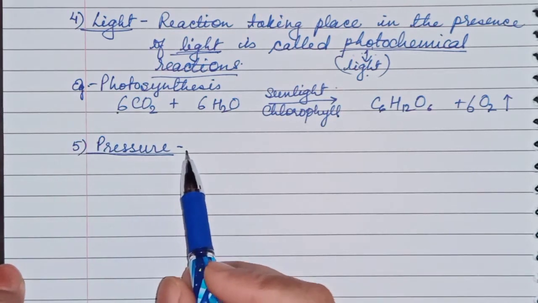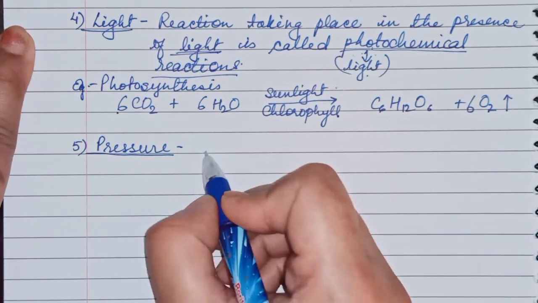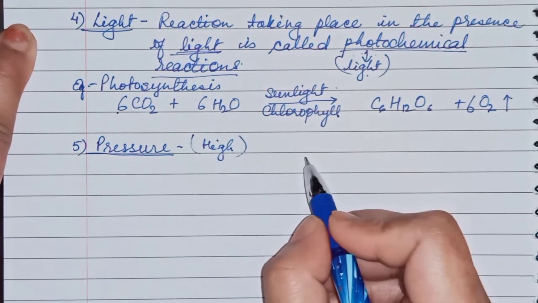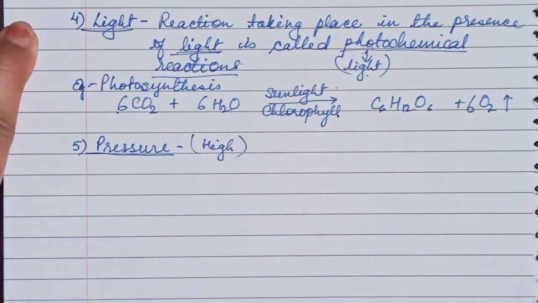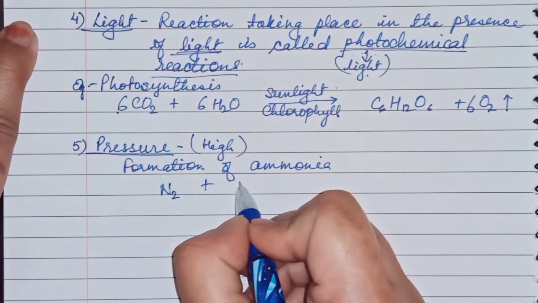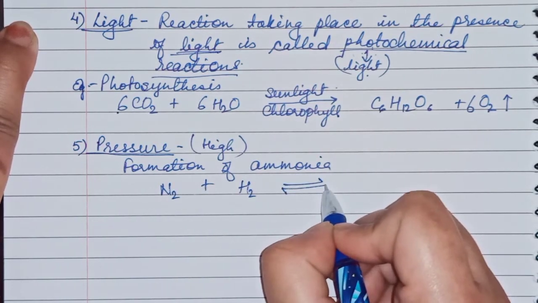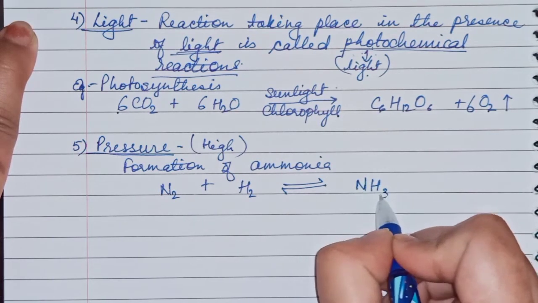Next is pressure. Some reactions take place only when very high pressure is applied on the reactants, then they start reacting and a new product is formed. For example, formation of ammonia. How is ammonia formed? When nitrogen and hydrogen are under very high pressure, they combine and form ammonia.